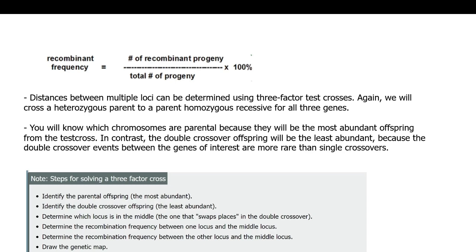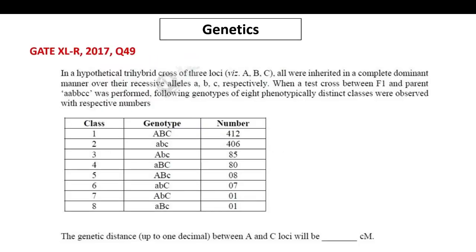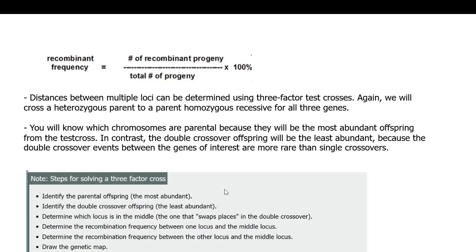Then you have to identify the double crossover offspring. That will be the least abundant, just like we have seen here. So the parental offspring are the most abundant and the least abundant are the double crossovers. Now determine which locus is in the middle, the one that swaps places in the double crossover. So how can you determine in a quick trick which locus is in the middle?